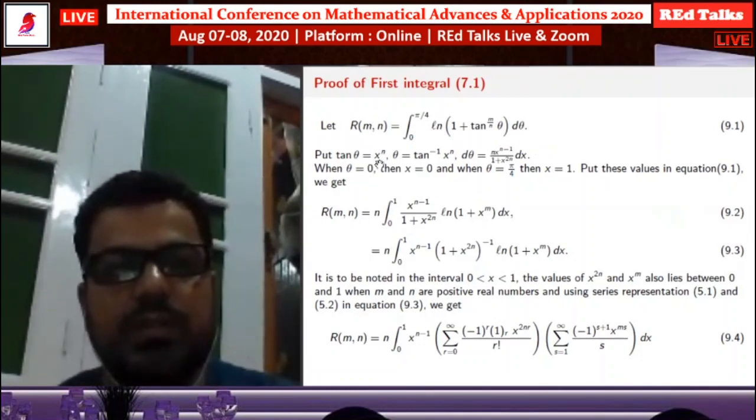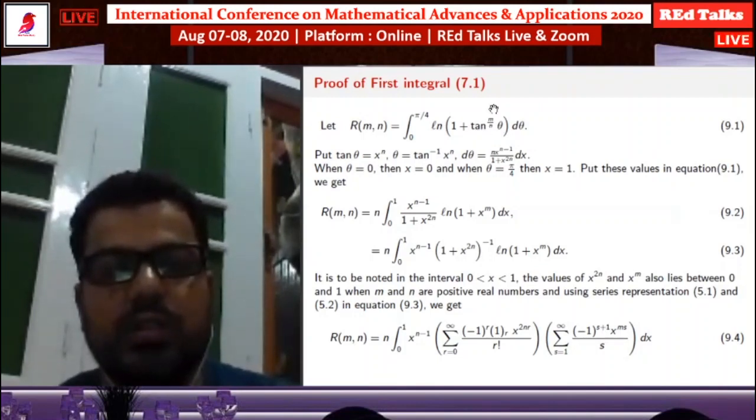Let R of mn be this. Now in this integral, we put tan theta equal to x raised to power n, in order to eradicate this n from the given integral. On differentiation, we get this.